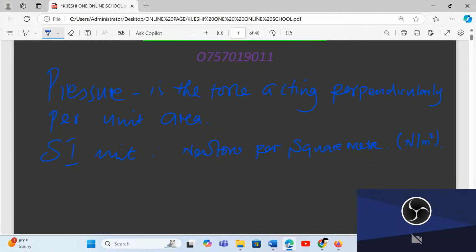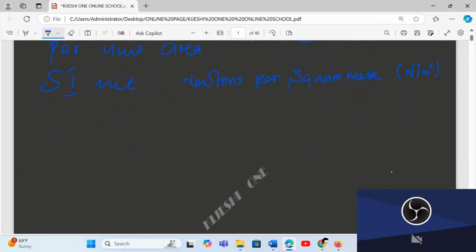We can now proceed. From the definition, you can say pressure, which is denoted as P, is given by the acting force F over area, A. To be on the safer side, you're supposed to have all these quantities in their SI units at the moment you are substituting, and therefore this will keep you safe.